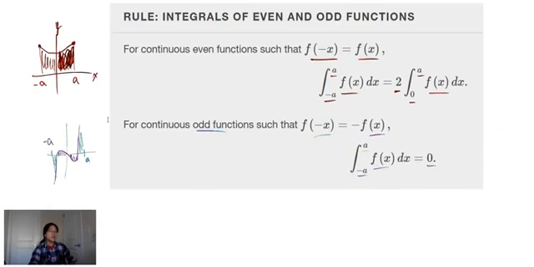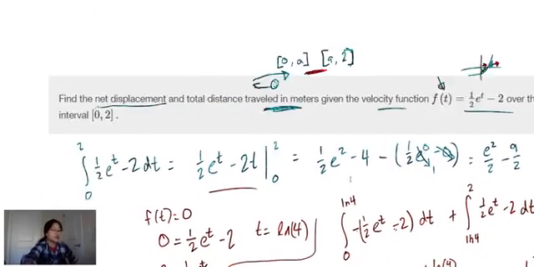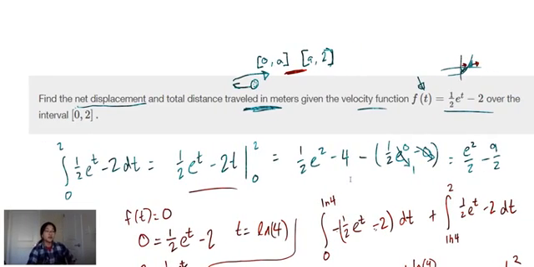So the properties are really nice when you have even and odd functions. Evaluating when their bounds are the same is really, really nice, because we can use the symmetry to our advantage. And when we're looking at net displacement and total distance traveled, those are different.